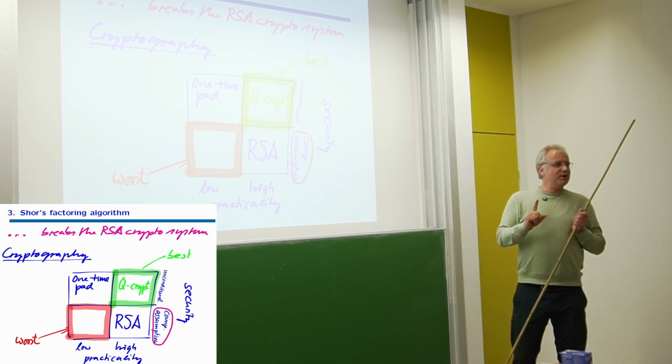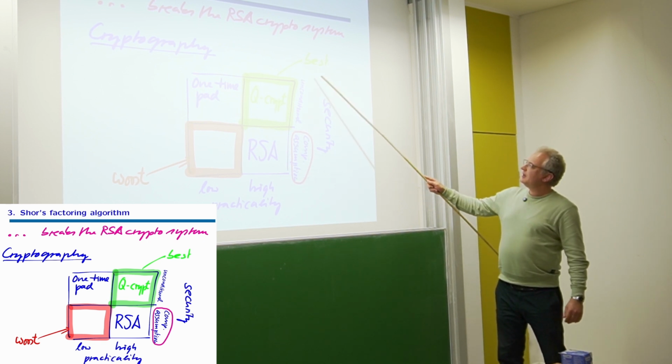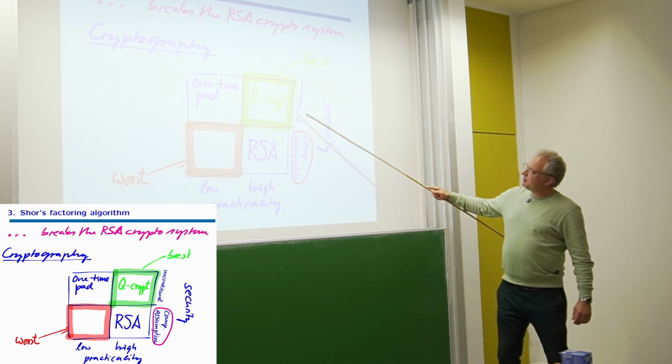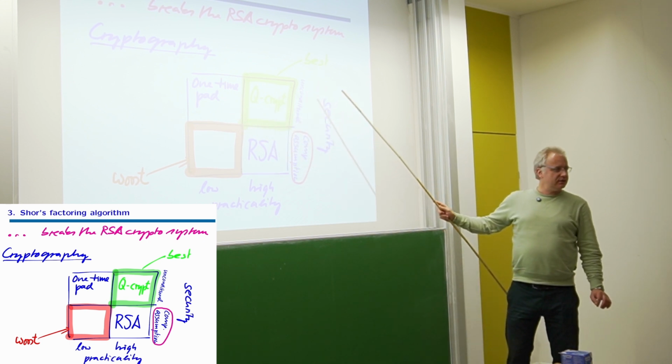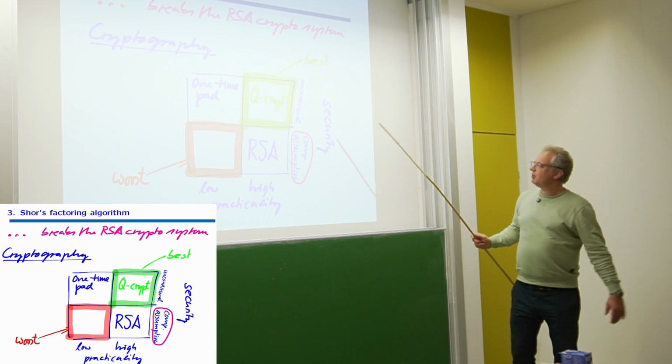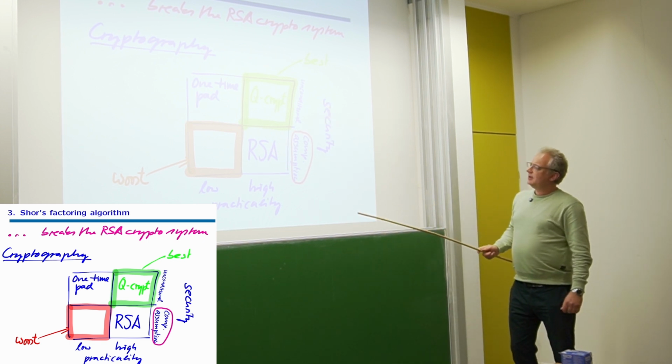If used properly, of course, there's human error, but if used properly, the schemes in this row have unconditional security. That's the strong form. So this is good.